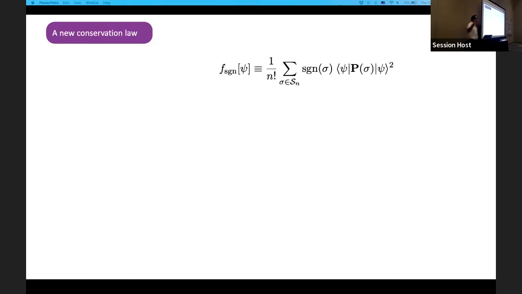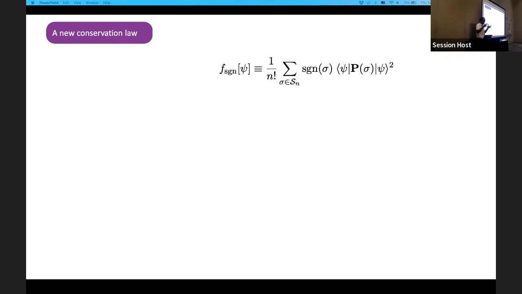Let me show you one example of those functions that are conserved. Here is an example: the function f of psi. This is a summation over all permutations. S_n is the group of permutations over n subsystems, and P_sigma is the action of the permutation. And sgn is just the parity.